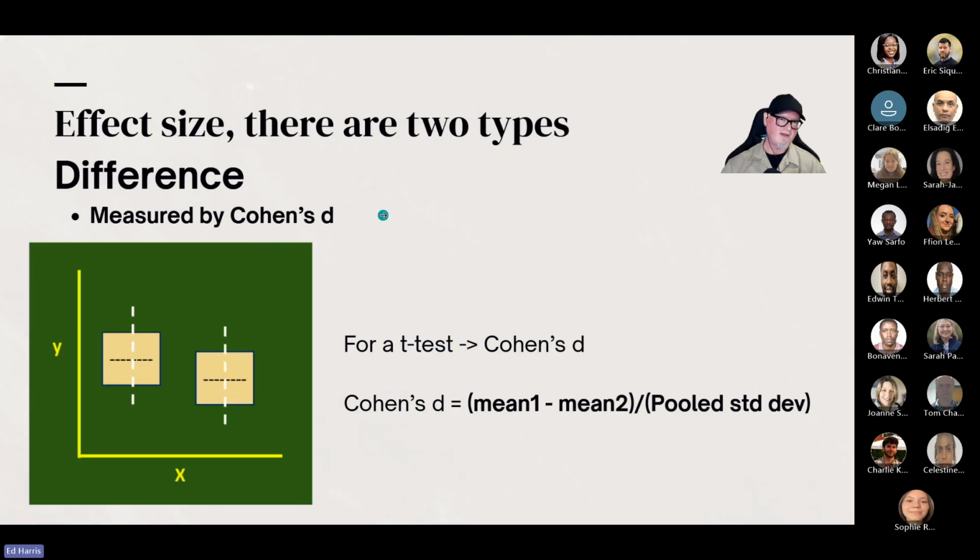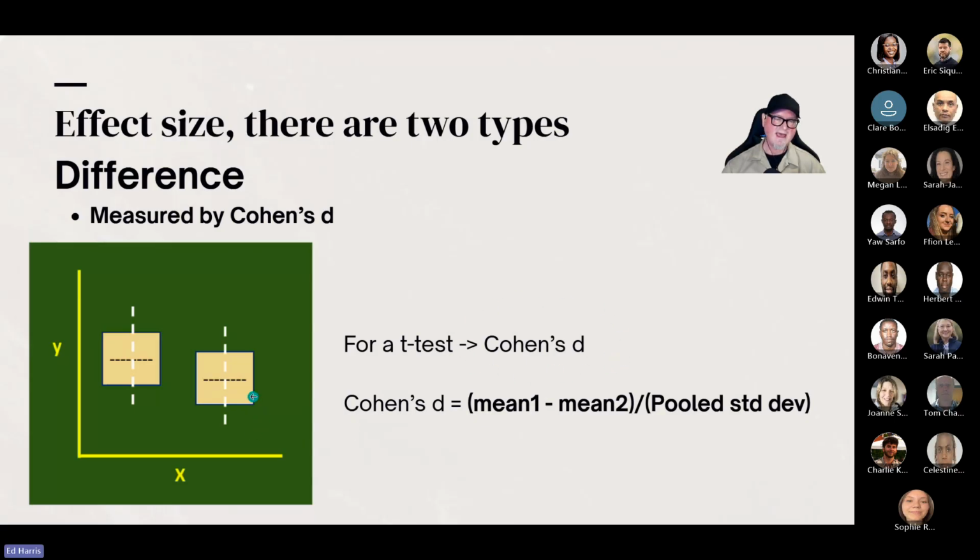And again, Jacob Cohen is generally recognized as the statistician that formalized these ideas and described mathematically Cohen's d and generalized it to many other problems. So, for a t-test, Cohen's d is the specific comparison.